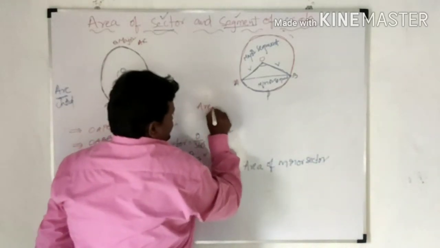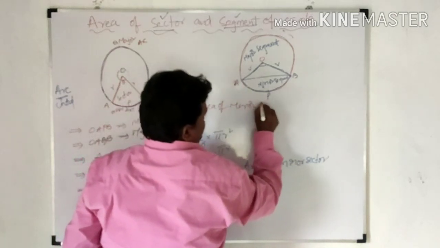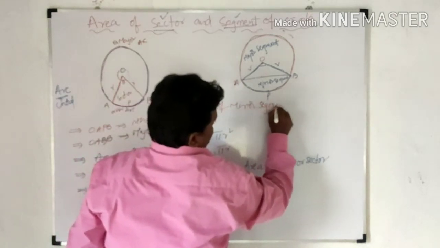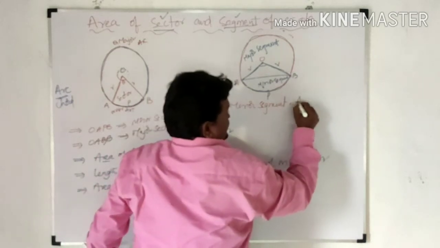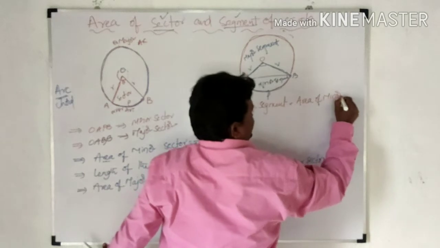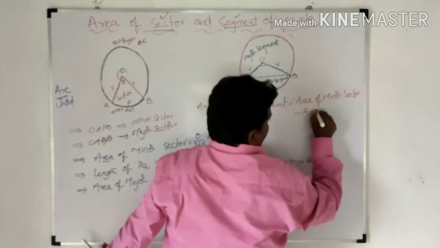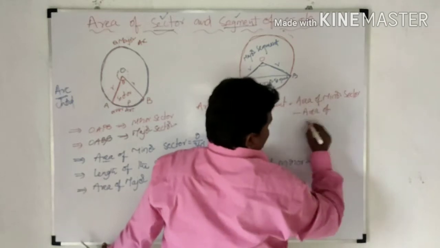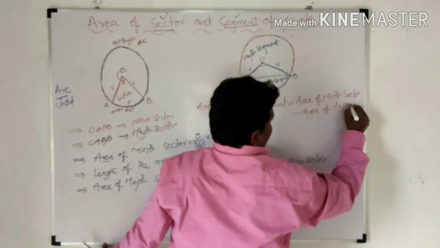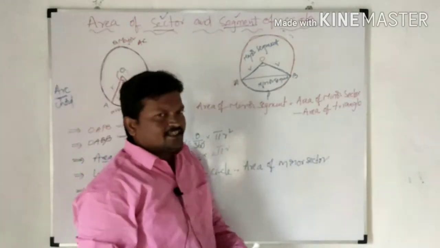Area of minor segment is equal to area of minor sector minus area of triangle. Okay, we know how to find the area of a triangle.